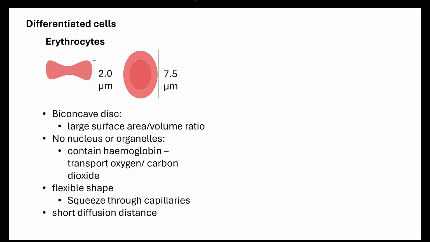Now, another thing about the erythrocytes is they're very flexible in their shape. That's because they need to squeeze through those capillaries. Those capillaries have a very small diameter, only slightly greater than the erythrocyte's diameter. And that therefore means that as those erythrocytes squeeze through the capillary, they are very close to the capillary wall, and that's going to shorten that diffusion distance and increase the surface area that's being exposed.